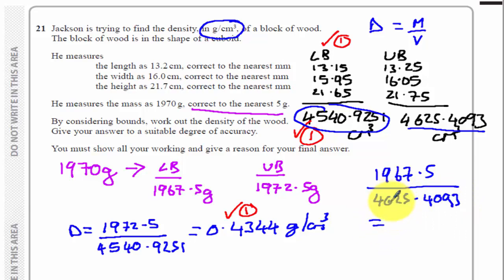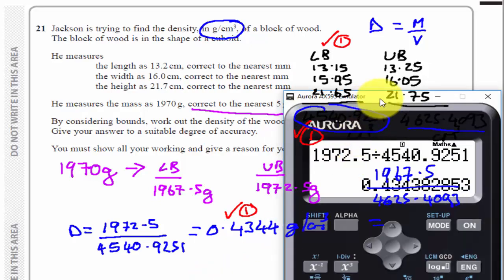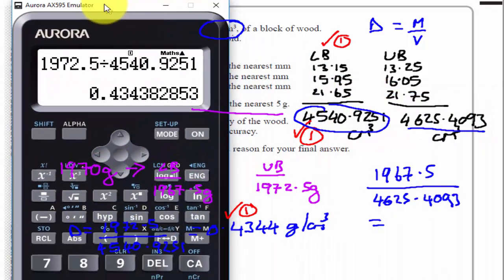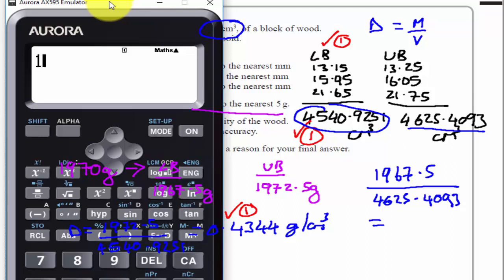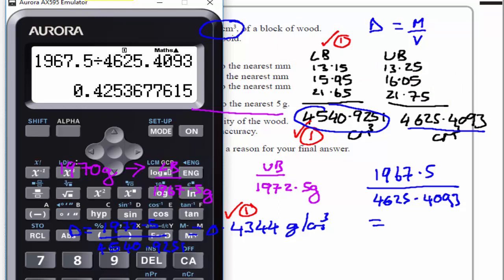And that's going to give me 0.4254 grams per centimetre cubed.